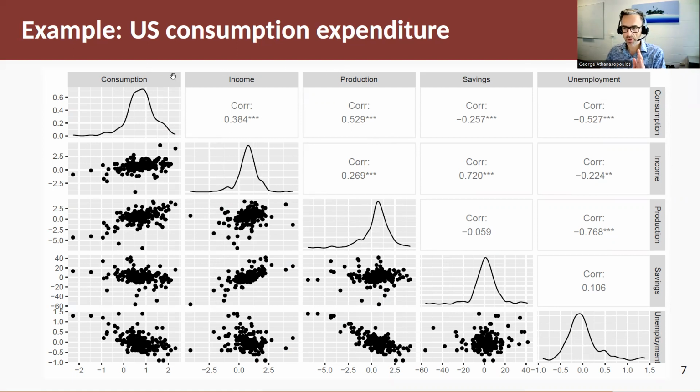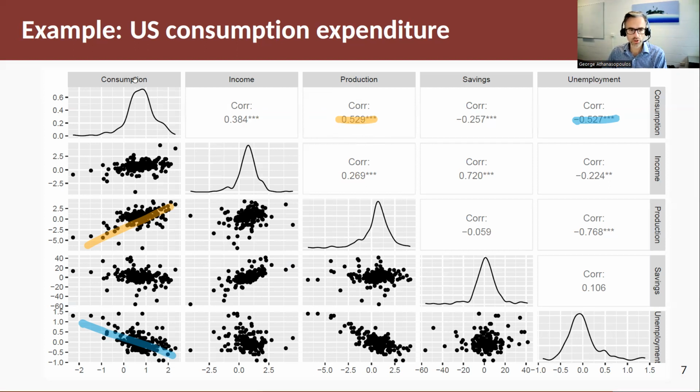Across our columns, we have the variable that sits on the x-axis, and across our rows, we have the variable that sits on the y-axis. So across this first column, we have the relation between consumption and all the other variables. Looking at the scatter plots, we can see some strong positive relationships here. The actual correlation coefficient is shown on the cell opposite the diagonal, so this is a symmetric matrix.